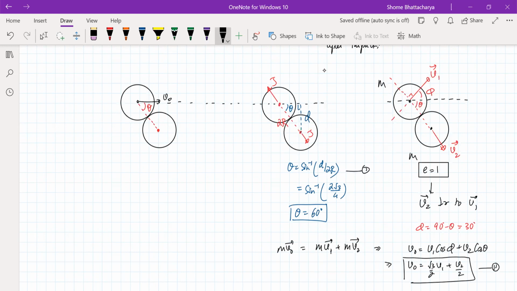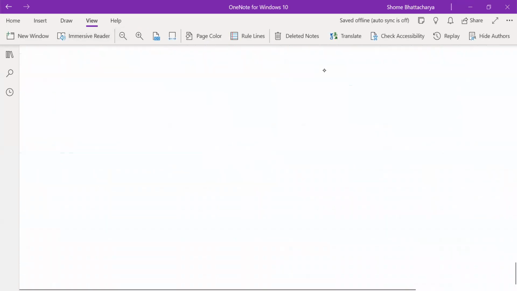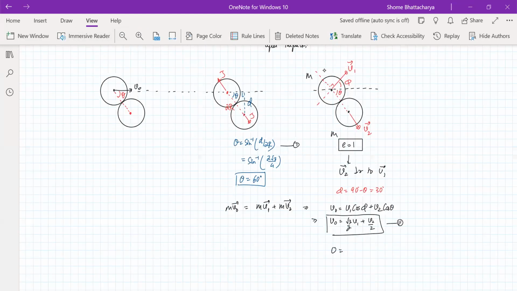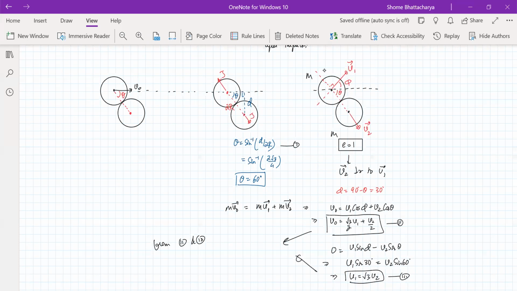This was our equation 1. Now solving from equations 2 and 3, you can see we will get this.